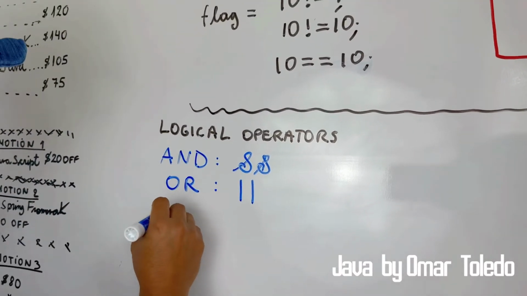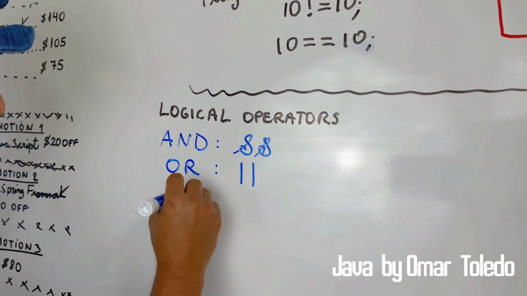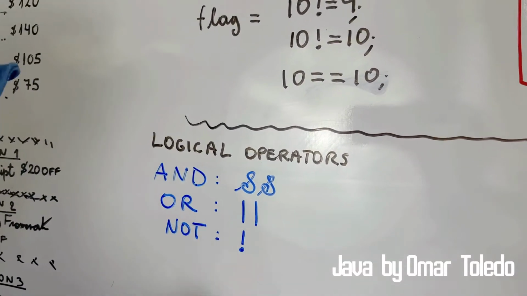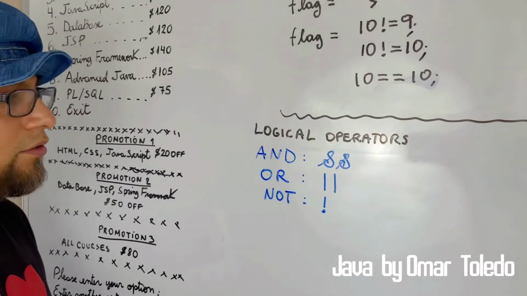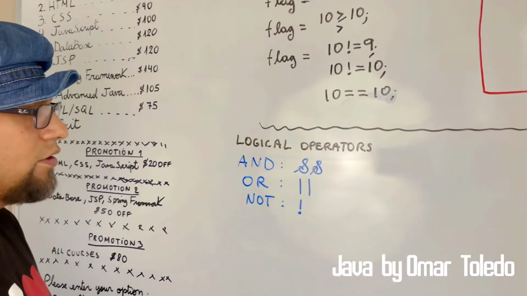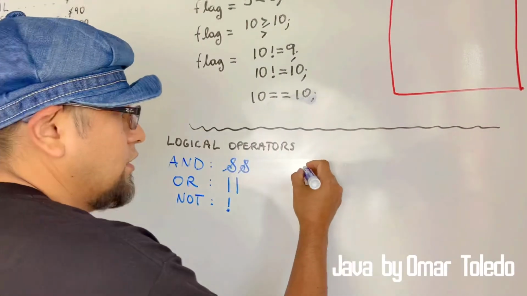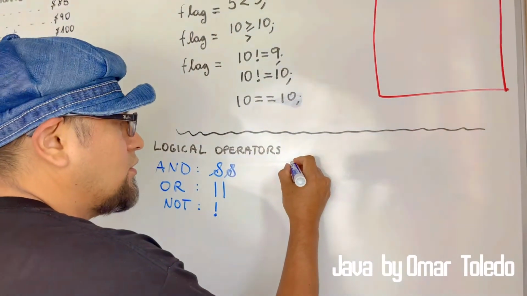And the NOT operator is just the exclamation mark. So this is the set of logical operators. One example of AND: what happens if you need to evaluate two expressions?